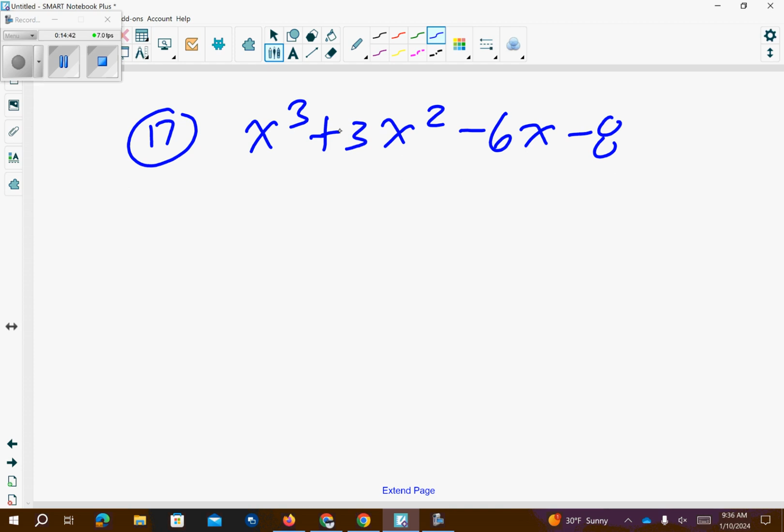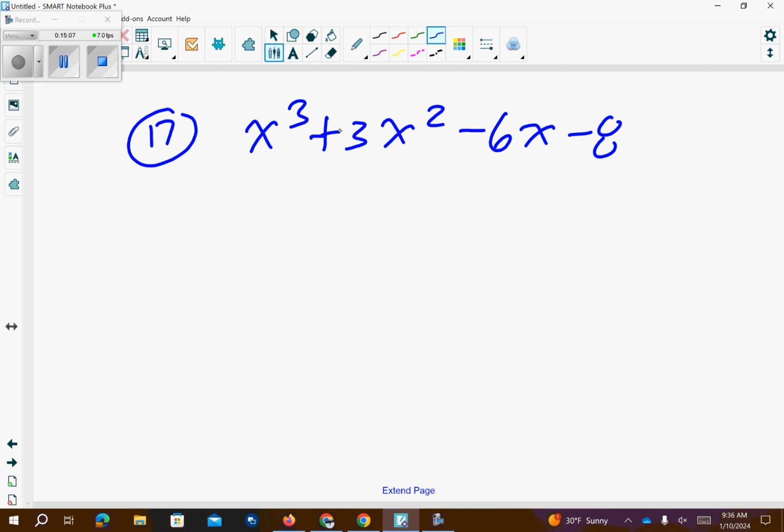And then what Descartes realized is if you plug negative x in and do the math, so you get negative x times negative x times negative x is negative x to the third. Negative x times negative x is x squared. Negative 6 times negative x is positive 6x, and then minus 8. You go through the sign change there, and you find your negative roots.